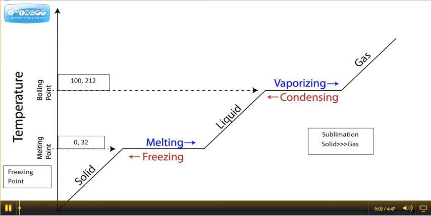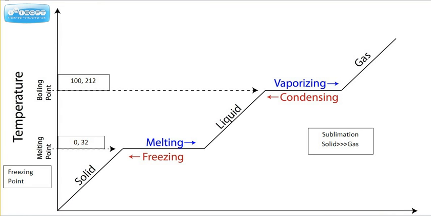Today we're going to be talking about phase change or states of matter. If you look at this diagram, you can see that there is an area for solids, liquids, and gases.